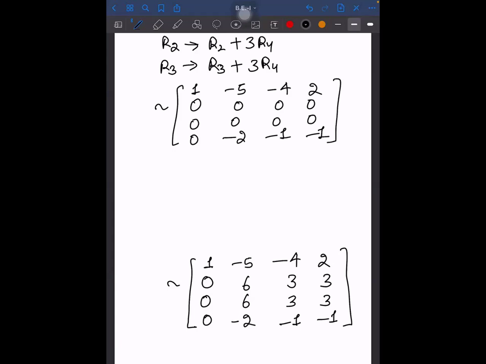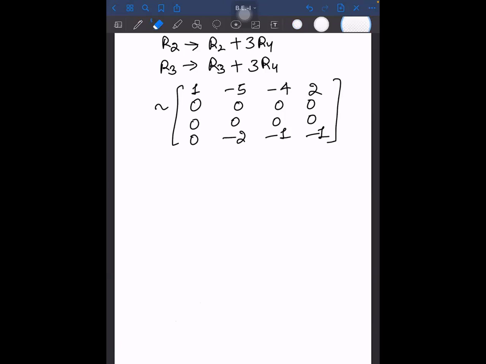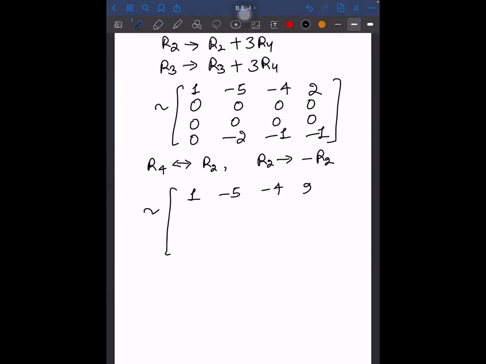This is in the lowest term, so you may simplify it by replacing R4 and R2, and further replace R2 by minus times R2. So 1, -5, -4, 2, 0, 2, 1, 1, and the rest are zeros.